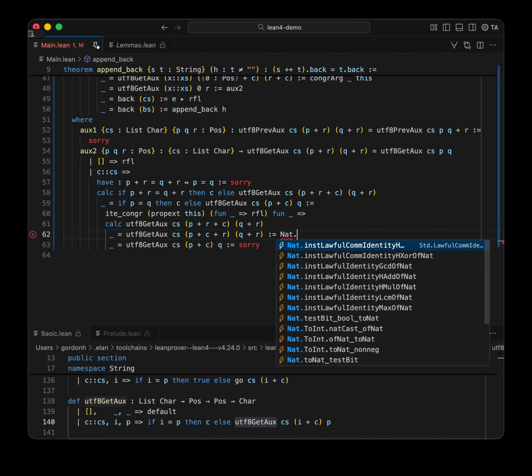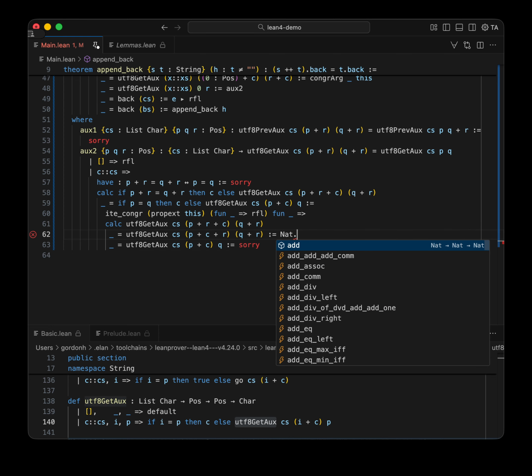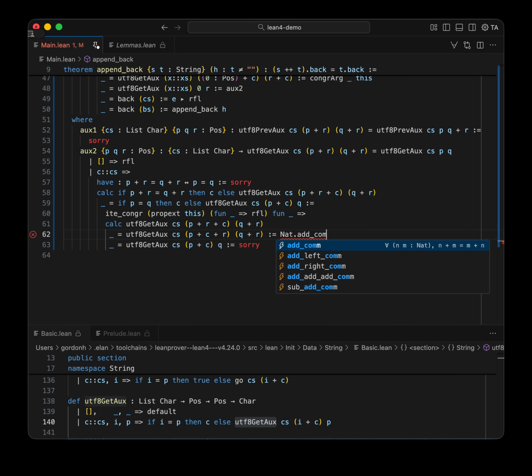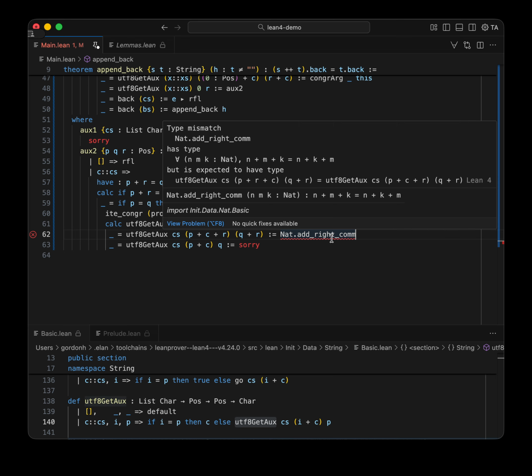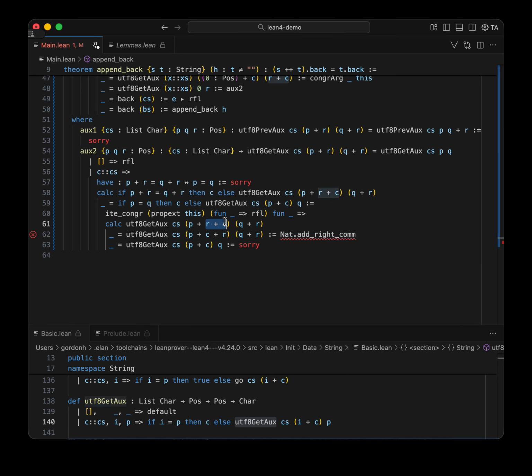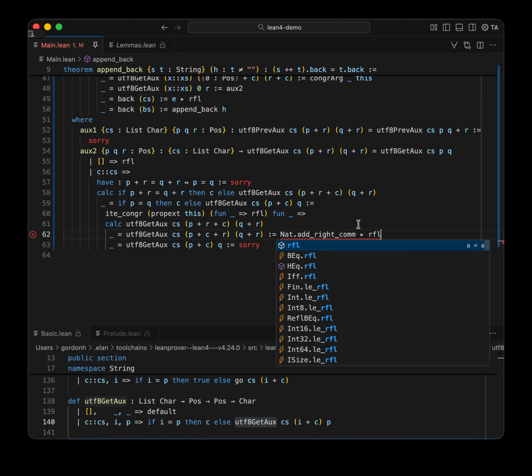Okay, we have a theorem for this. Nothing wrong, right? And see, this is the theorem for commuting the two right terms for a three-term addition. Here, commuting these two, which is exactly the case we have here.